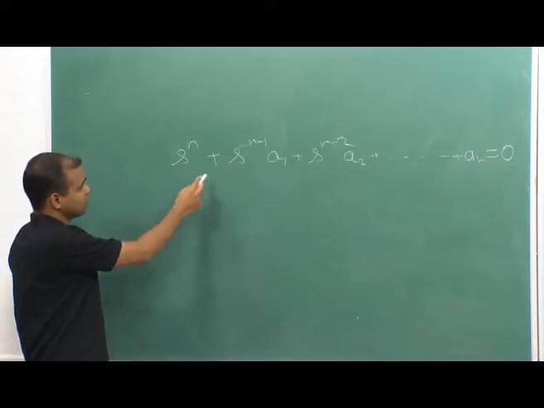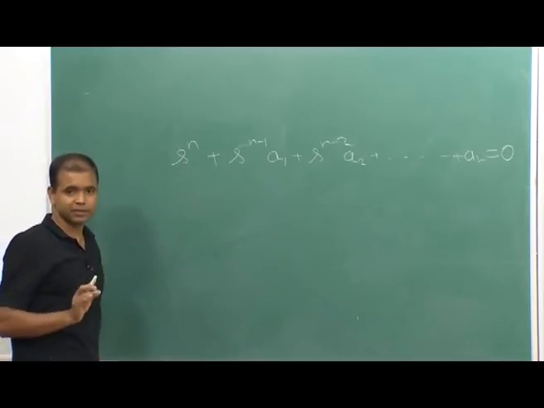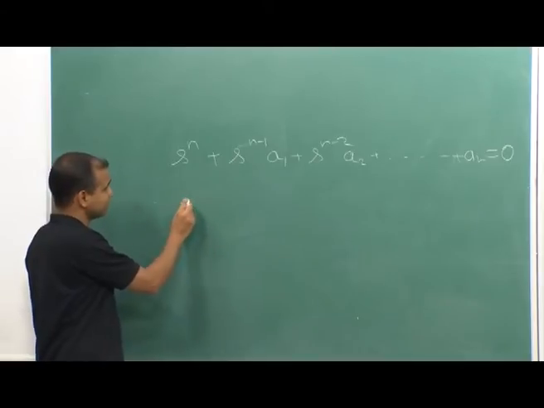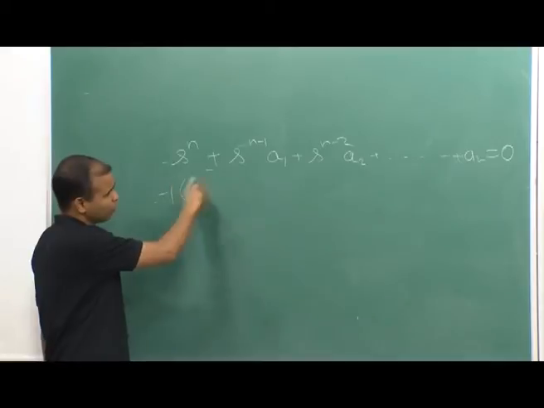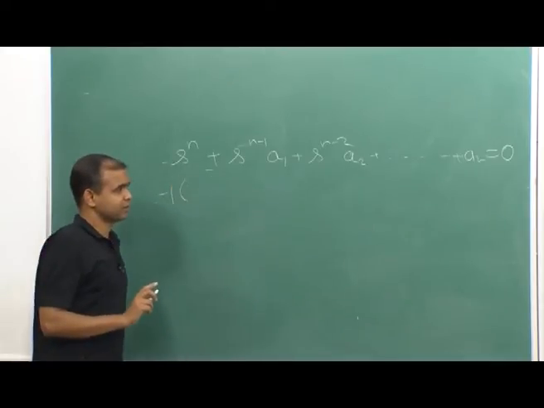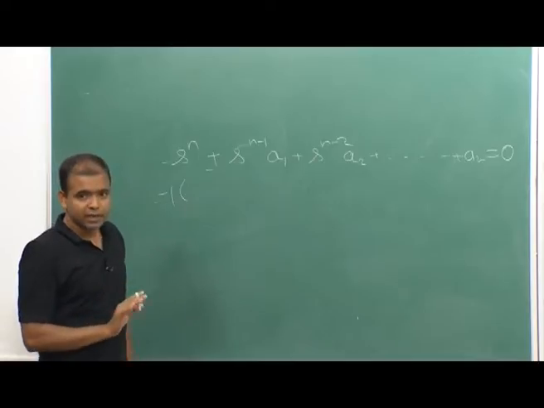All coefficients must be positive or must have the same sign. Even if they are all negative, in that case we can take minus 1 common and all will come positive. So, in the case of stability it does not matter whether they are positive or negative, they all must have the same sign.